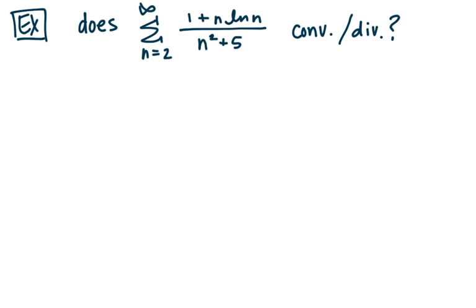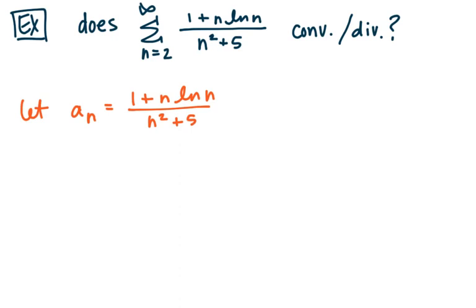So we know that all of our terms are positive, and that lets me know I can use my limit comparison test. So I'm going to say let a sub n equal 1 plus n times the natural log of n over n squared plus 5. We know we have all positive terms, but what do we expect to happen?